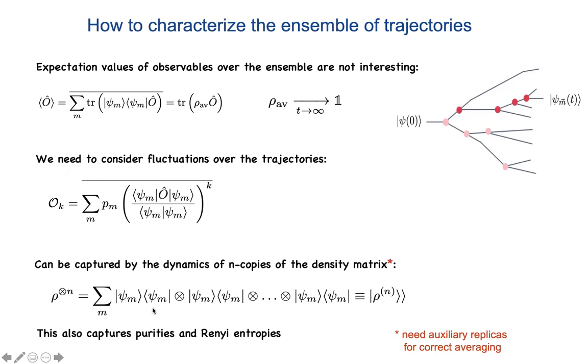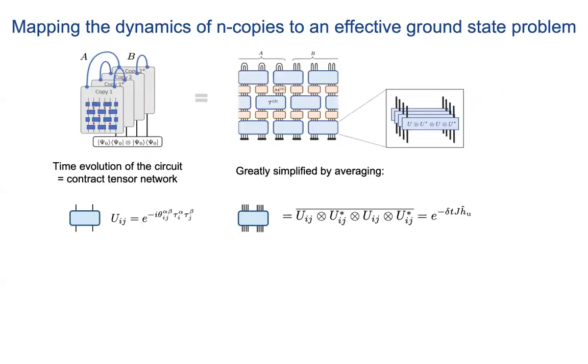Here is a representation of this replicated density matrix, and I'm going to use this notation. Instead of looking at this as an operator, we can think about it as a state in a larger dimensional Hilbert space, a quadrupled Hilbert space compared to the state Hilbert space. This can capture moments, and it can capture Rényi entropies and so on.